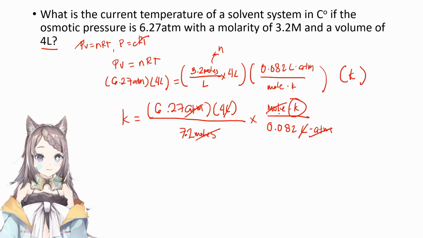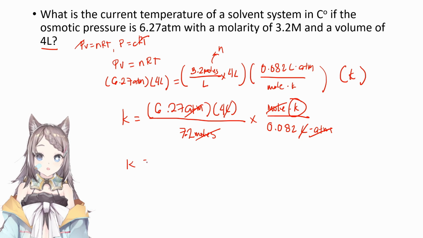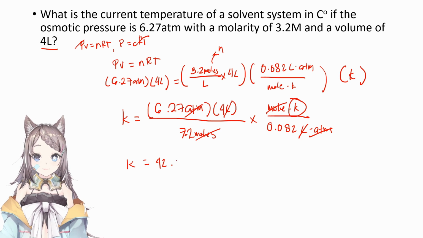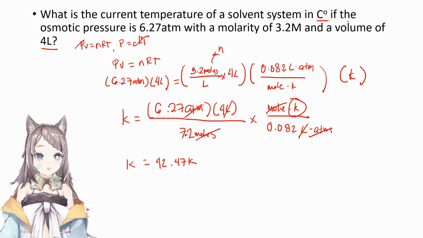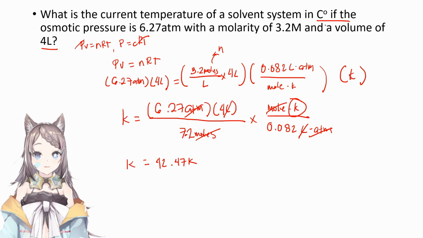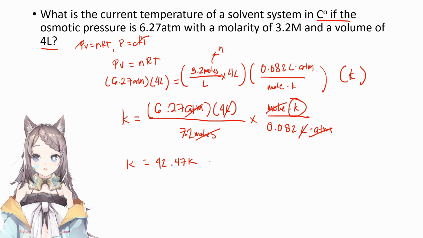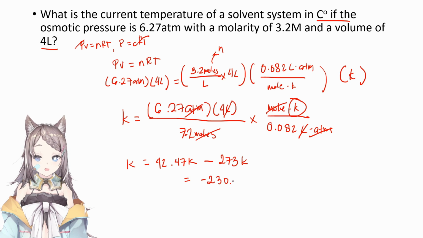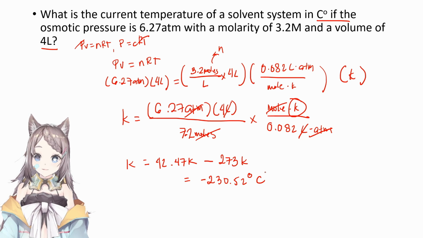What we have is Kelvin, and the answer is 42.47 Kelvin. However, this is not the final answer since we are looking for centigrade. So we simply need to subtract 273 Kelvin to get centigrade, and the answer is negative 230.52 degrees Celsius. So this is almost negative 0.